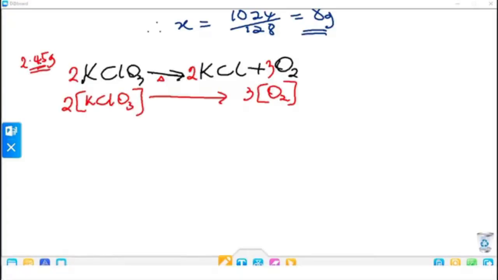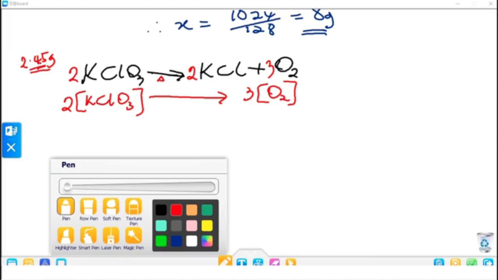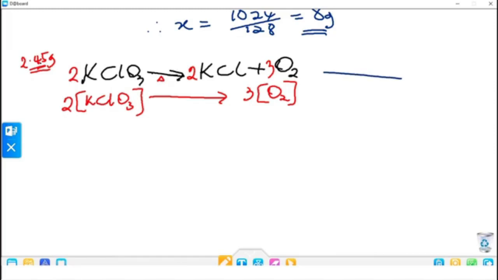So, looking at what we have, 2 moles of potassium chlorate produce 3 moles of oxygen gas. Having seen that 1 mole of any gas occupies 22.4 dm cube in volume, let us now proceed with that standard.